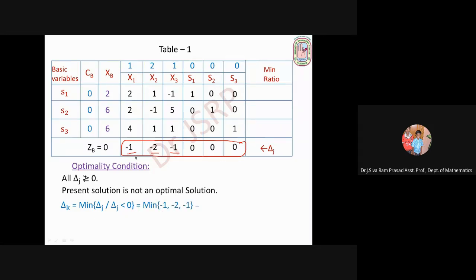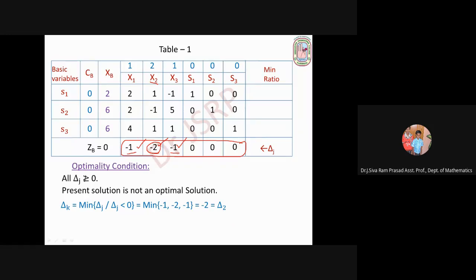That is minimum of negative values, -1, -2, -1. What is the minimum value? -2. This is corresponding to the second variable, that is delta 2.